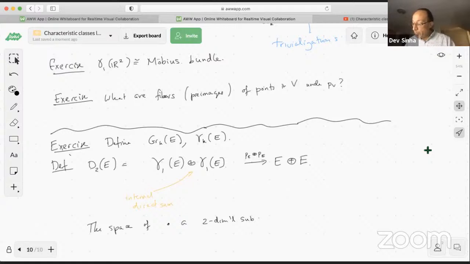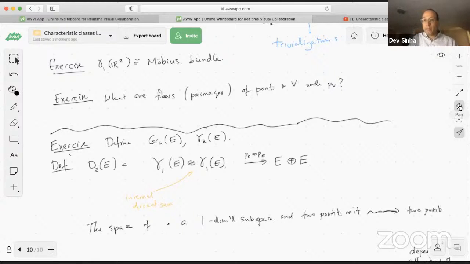So what is a space of a one-dimensional subspace and 2 points on it? And then you're just remembering those 2 points. Well, those 2 points which are on a one-dimensional subspace must be dependent.